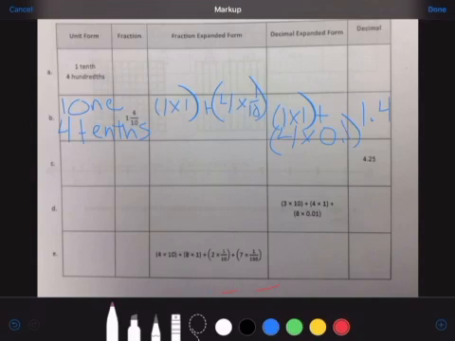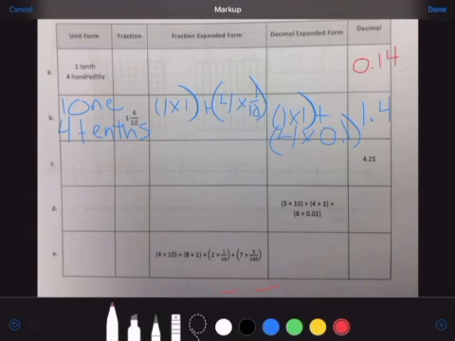All right, let's do A, our last one. 1/10 and 4 hundredths. Ooh, so this one doesn't have any holes. 1/10 and 4 hundredths. If you like decimal form best, then you would draw your 0 ones, a decimal, and then I have 1 in the tenths place and 4 in the hundredths place.